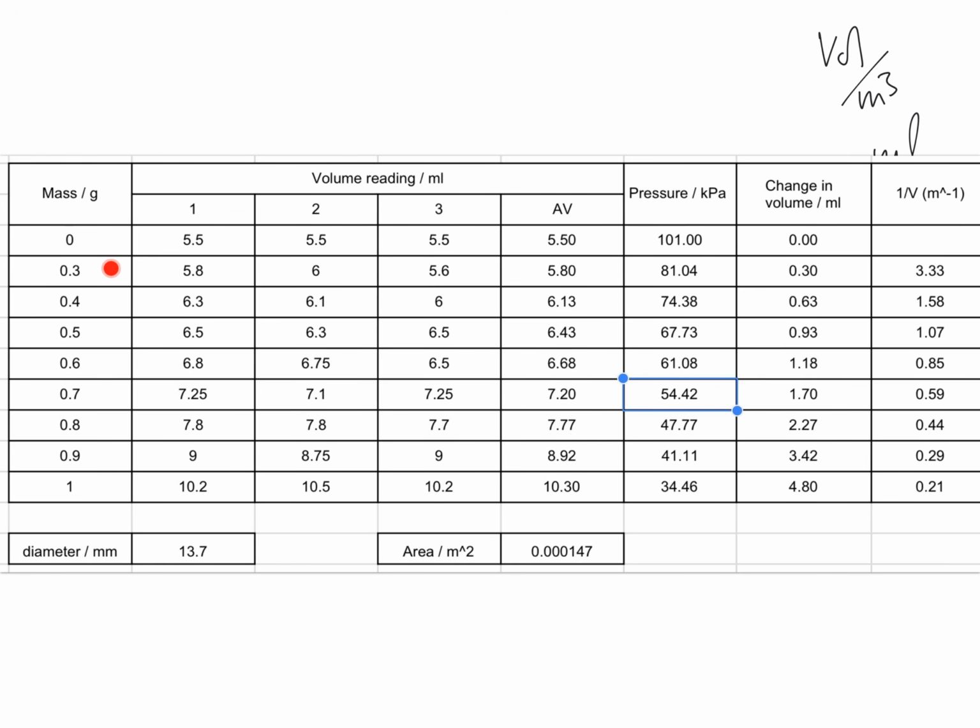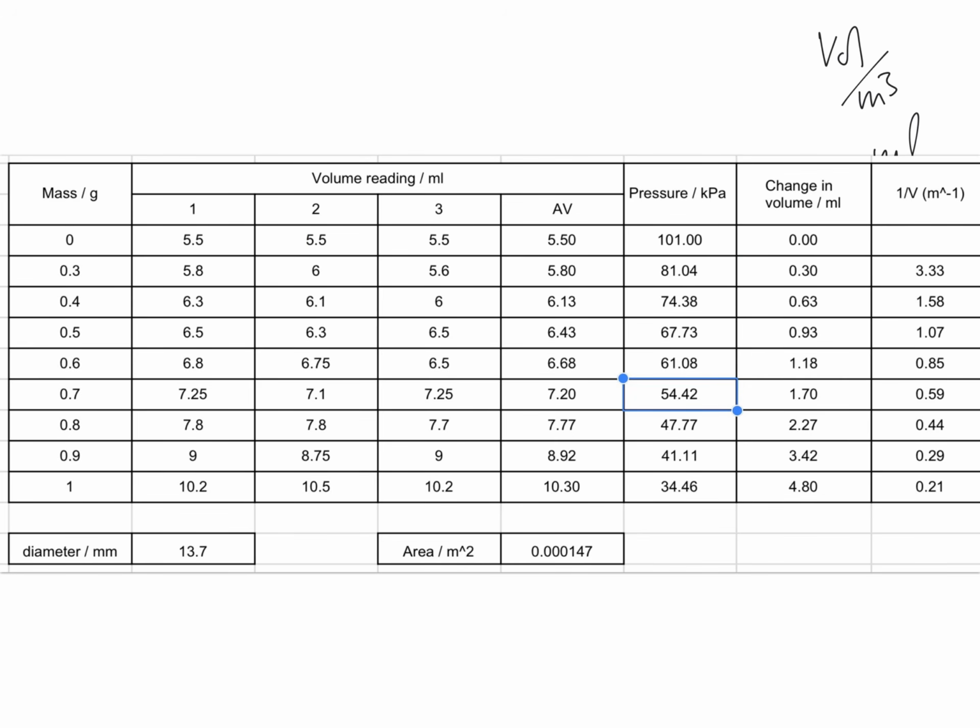We have a series of masses here from 0.3. I started at 0.3 because I didn't really get much movement until I hit 0.3 or 300 grams. I went up to 1 kilogram. We see the range of the readings and the averages. Of course, that is my start point with my start pressure.